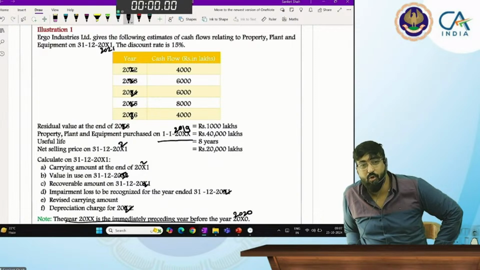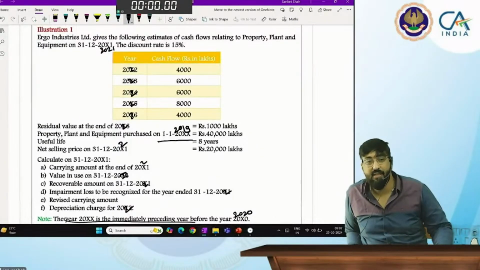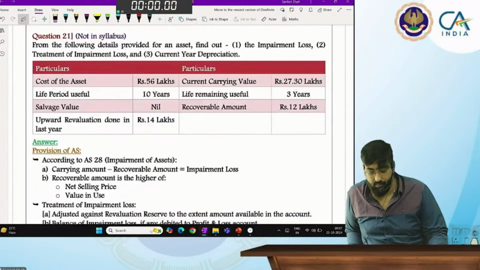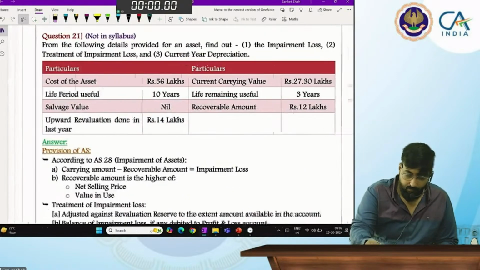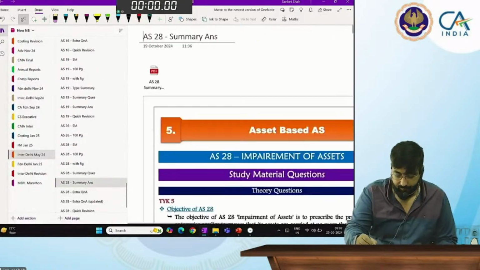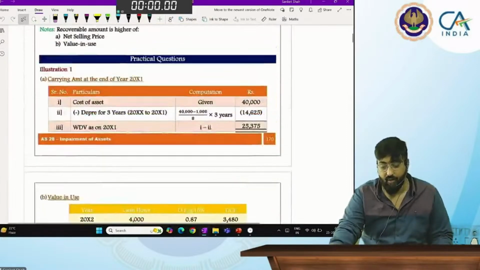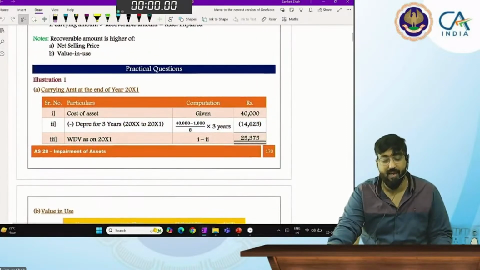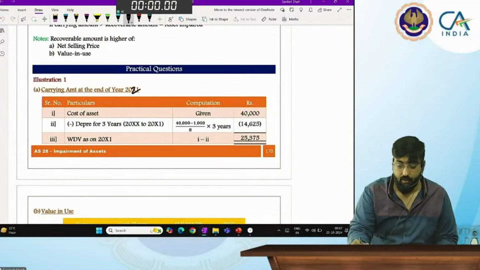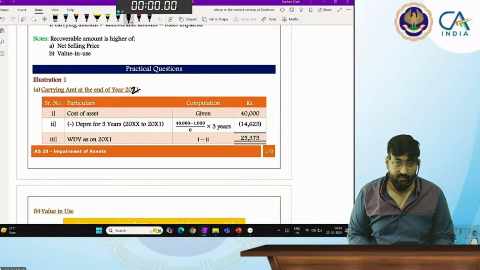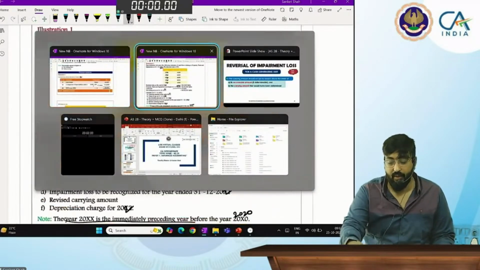How I am going to solve this question, beta? See presentation. Presentation देखिए. First you calculate carrying amount of the asset on 2021. 2021 का carrying amount.